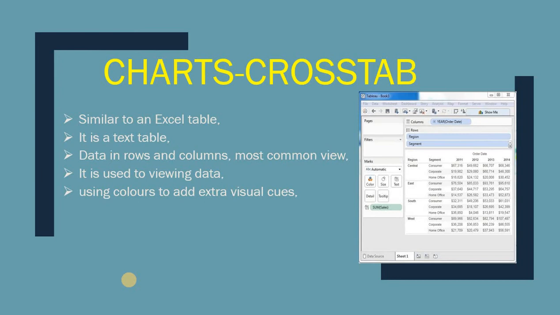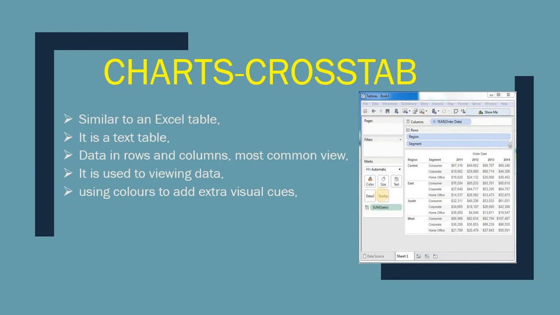One of the common charts that we have in Tableau is a cross tab, as you can see here. A cross tab is similar to a spreadsheet. It's a columnar and row data arrangement, similar to an Excel table. This is a very common one, and it's based on text. There's no data representation in the form of a graph or anything else.